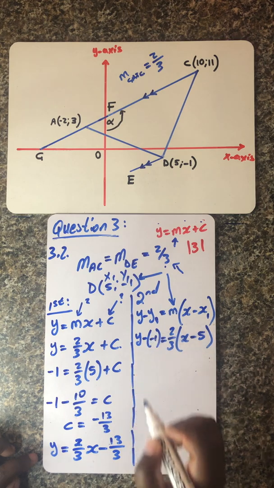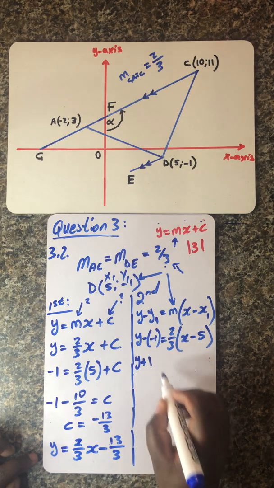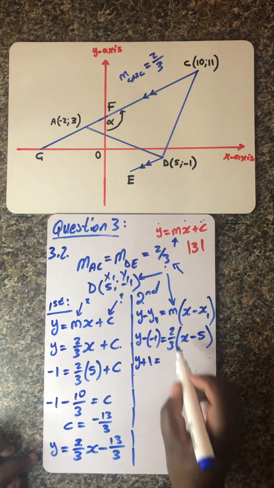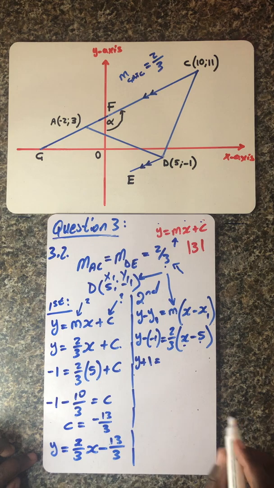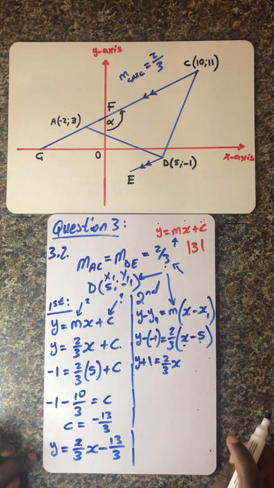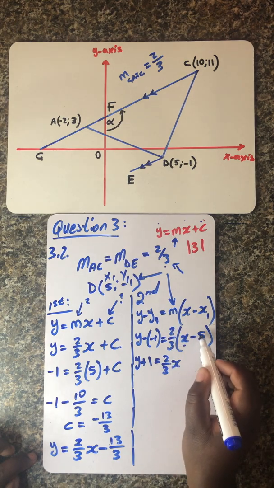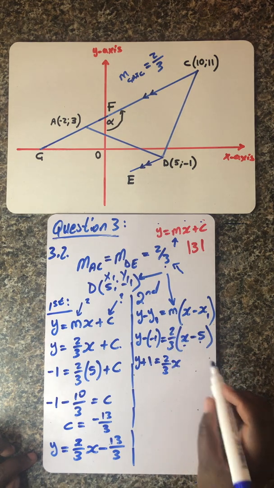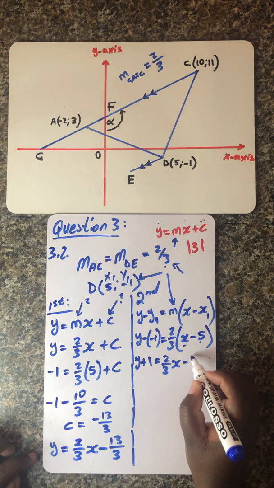Obviously negative multiplied by negative is a positive, so that means you have y plus 1, which equals the whole of this times x, the whole of this times 5. Then you've got 2 over 3x, then you've got 2 over 3 multiplied by 5, so it's obviously minus 10 over 3.